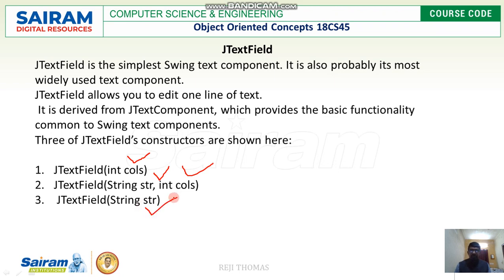Let me repeat. The JTextField has three constructors. One takes a string as parameter, the other one takes an integer as parameter, and the third one takes both. And also remember, this is used to edit one line of text, and this is a passive component. It does not respond to the user.